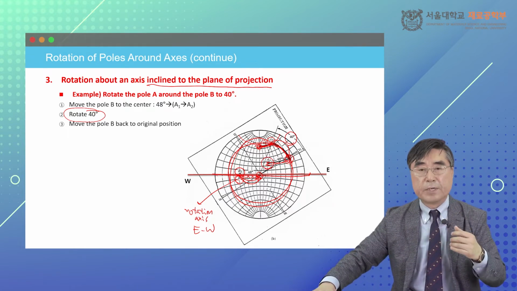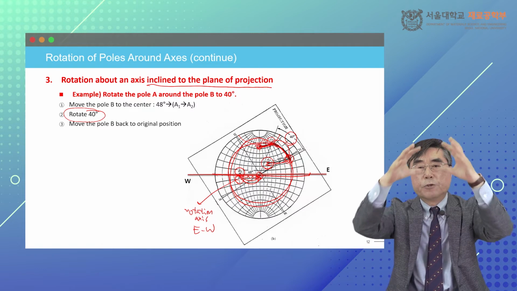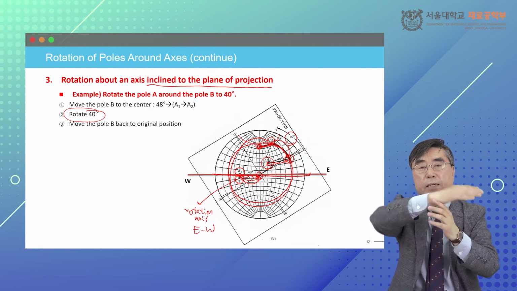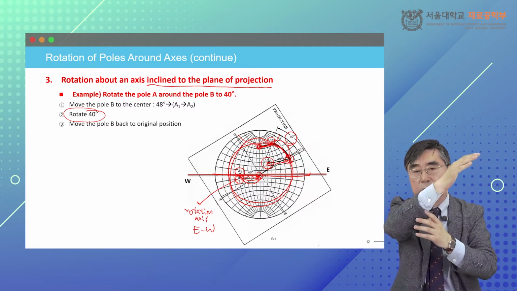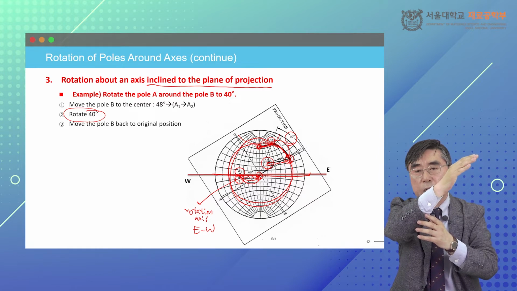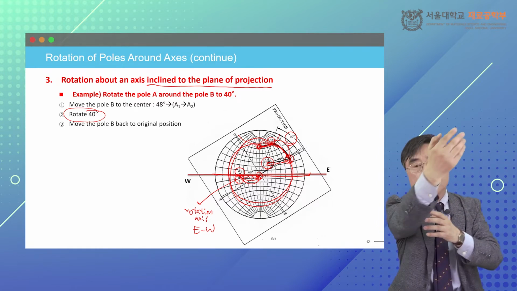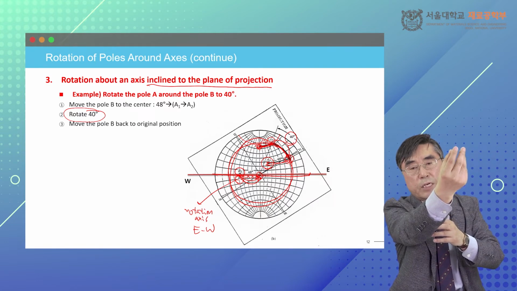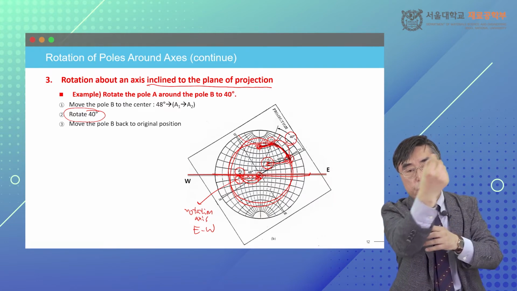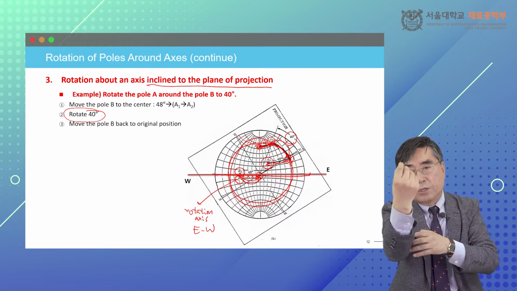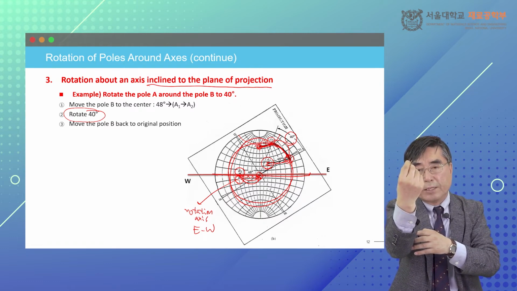Okay? So again, now your rotation axis is not in the plane, not on the perpendicular. It has certain angles. So what you do is you put this rotation axis to the vertical line. Then the pole that you are interested in rotating should move on the small circles by the same 48 degrees.